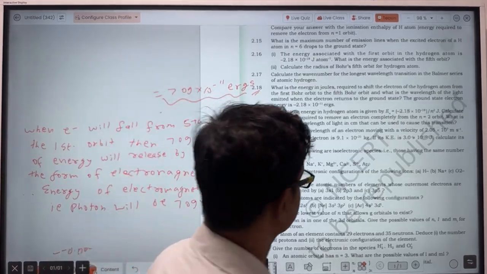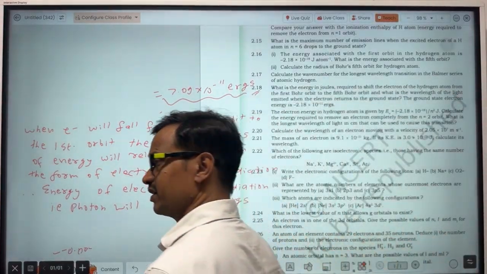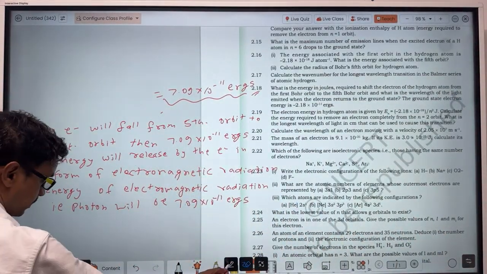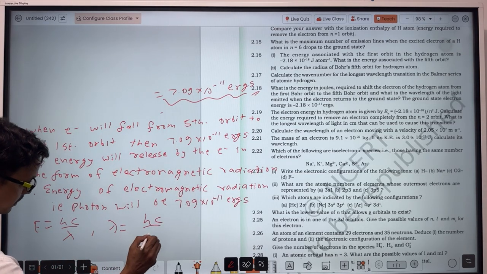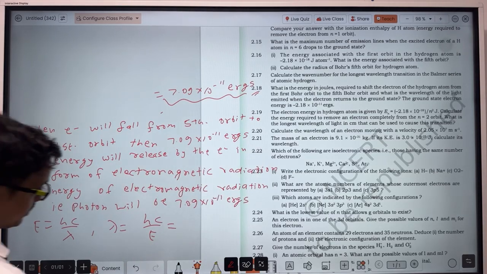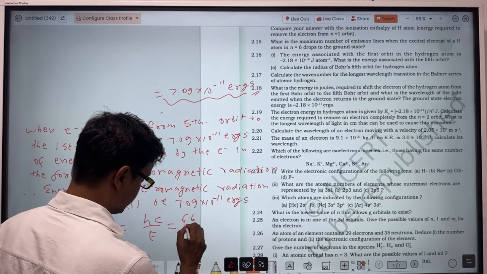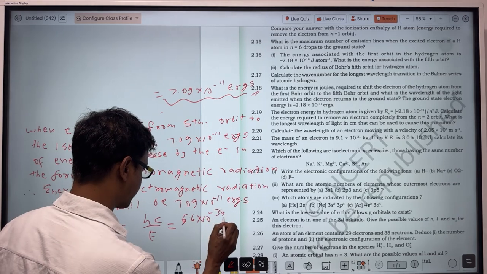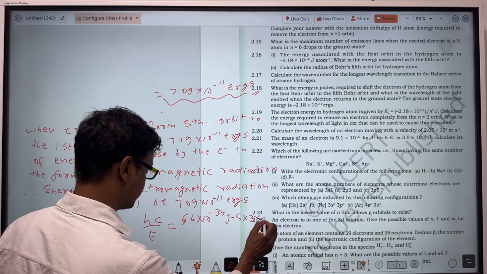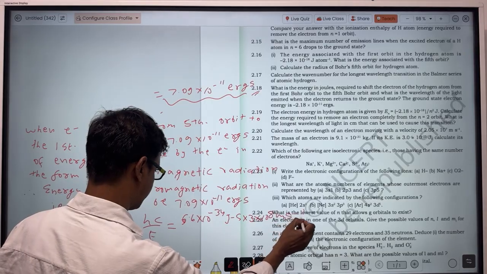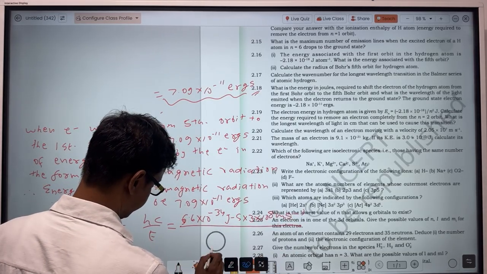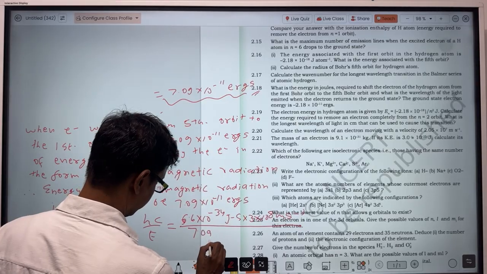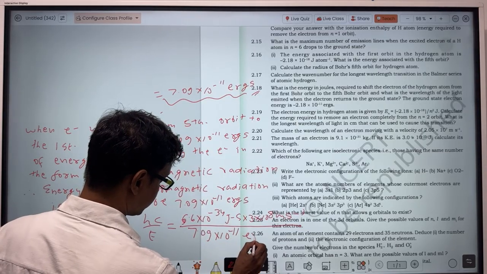And what will be their wavelength? So the energy of a photon you already know, equal to hc upon lambda. So E equal to hc upon lambda. So lambda will be equal to hc upon E. H you know already, 6.6 into 10 minus 34 joule second, into c, upon energy 7.09 into 10 minus 11 ergs.